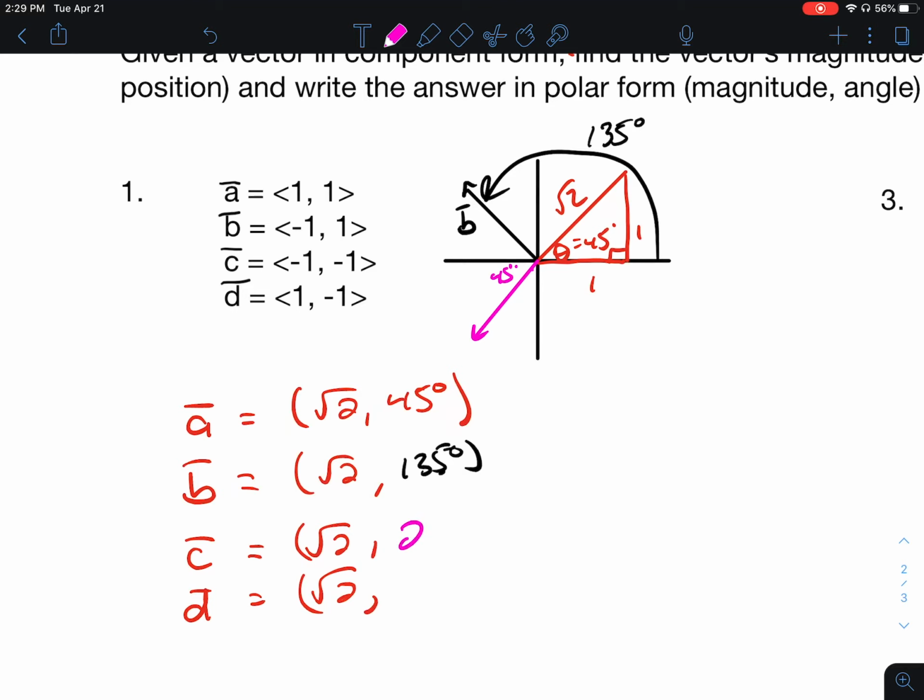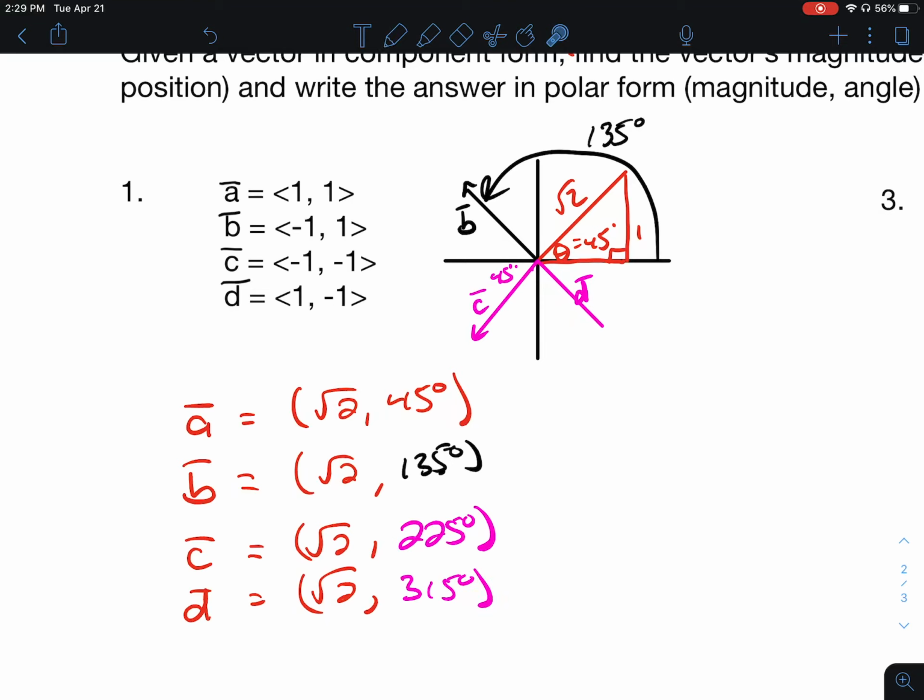That was harder for me to figure out than it should have been. Embarrassing. Vector D is going to be in quadrant 4. Its reference angle is also 45. So the angle in standard position is going to be 360 minus 45, which is 315 degrees.